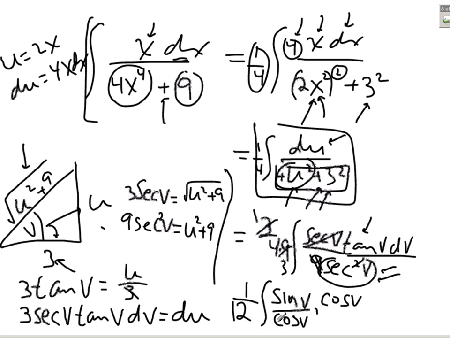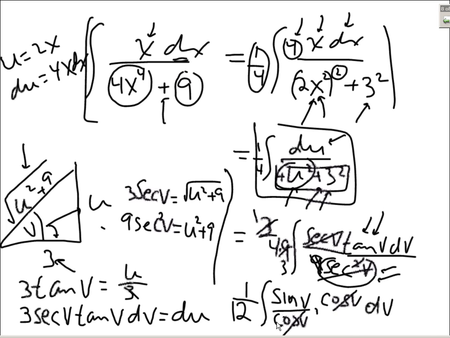Okay, so I dealt with that. And then I have tangent v times tangent v. Oh, I already put that in front. I'm sorry. Actually, that times dv. Times dv. And the cosine v's cancel out.